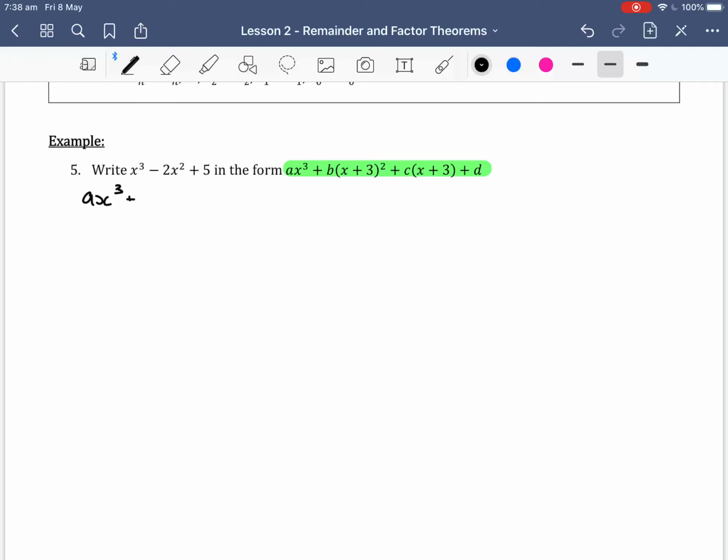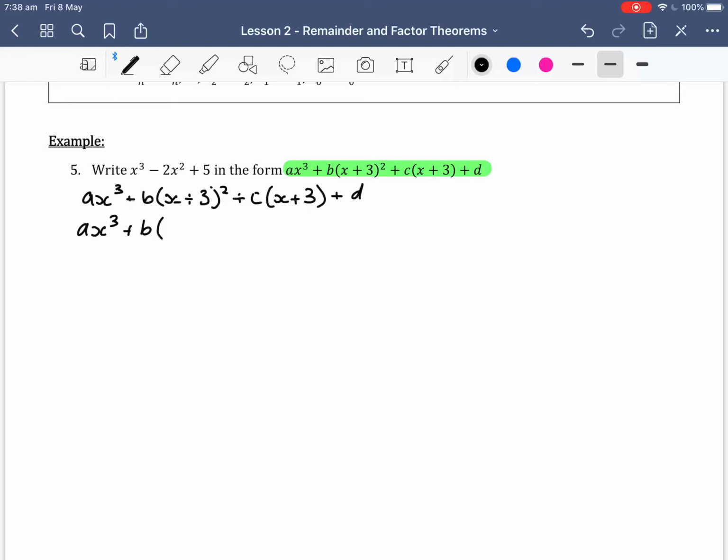So we have ax cubed plus b(x plus 3) all squared plus c(x plus 3) plus d. So we're going to expand that out.